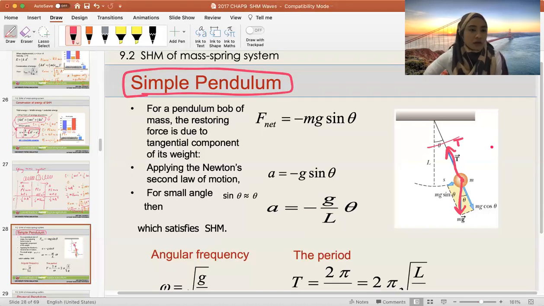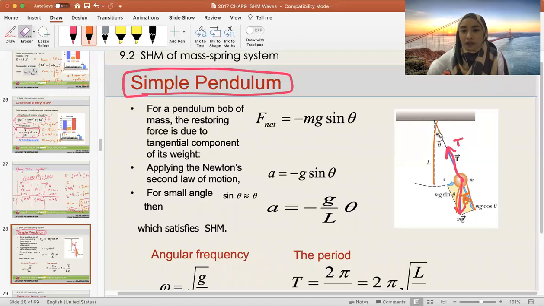If I'm looking from the dinding, I also have tension here, but I don't care about that. I just want to know about the ball. Now if I were to resolve the mg, I need to know the angle. So I have an angle over here as theta, and if I look down here, this shape is exactly the same as this guy over here, which means that my theta is the same. Itu baru pasal theta.